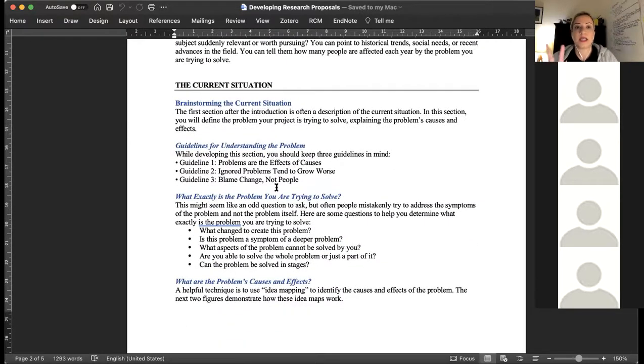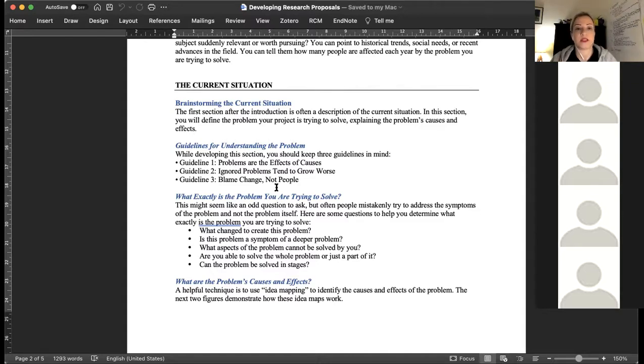Moving on, the second part of your proposal is the current situation. So the first section after the introduction is a description of the current situation. Here in this section, you will define the problem that your project is trying to solve, explaining the causes and the effects. So you have to tell us what the current situation looks like, right? Guidelines for understanding the problem.